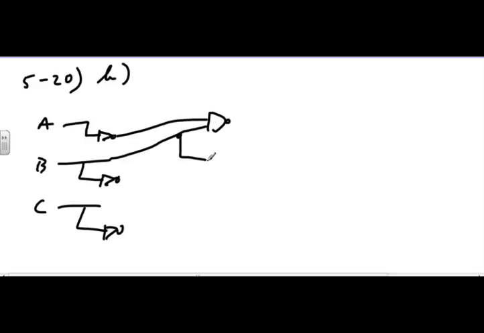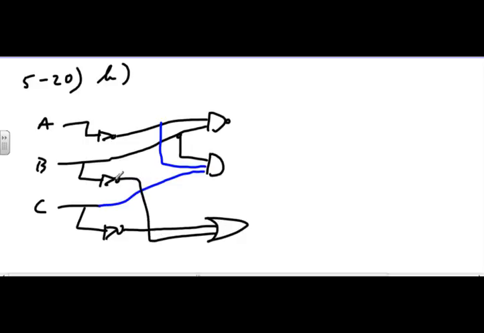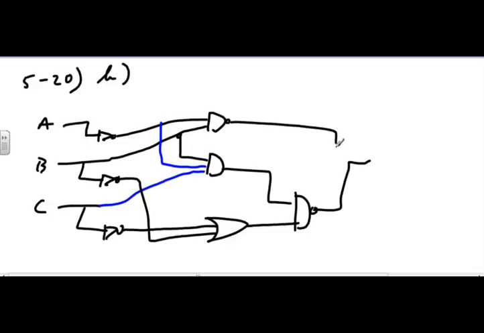And coming from here, I got another 3 input guy: 1, 2, 3 is coming from C. Then I've got this OR gate sitting down here, 2 inputs, one from there, the other from there. And then these two guys go into a NAND, and then everything's going to come over here into an OR.